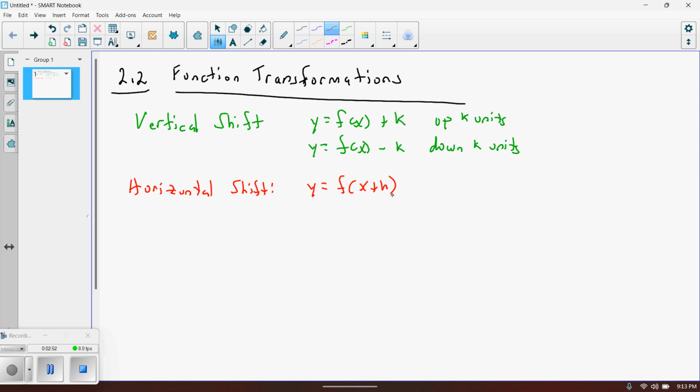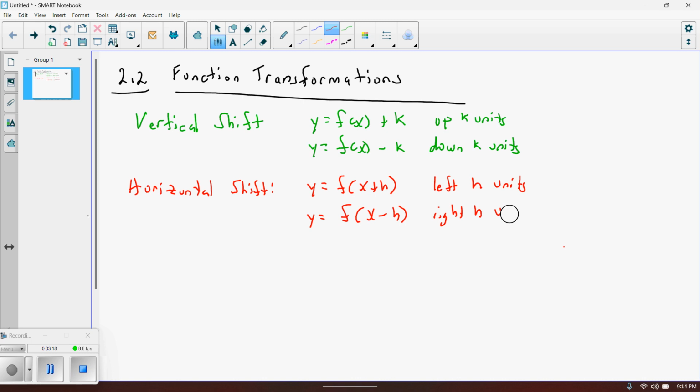But when you add an h value to your x on the inside, you're actually going to shift it left h units. Likewise, if you wanted to shift it right, you would actually subtract h. That would shift it right h units.